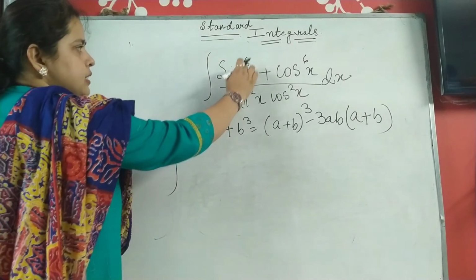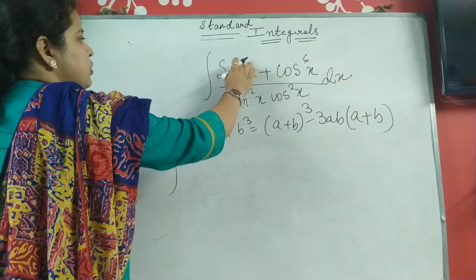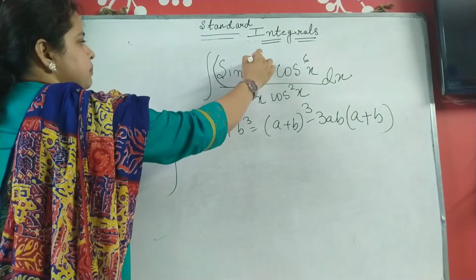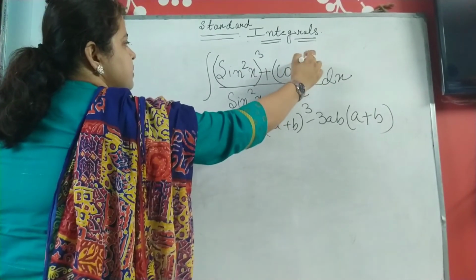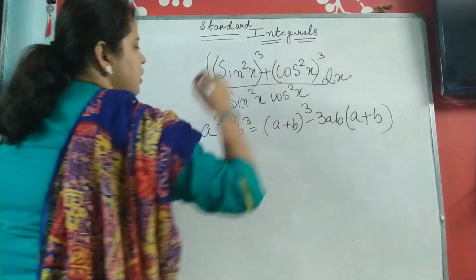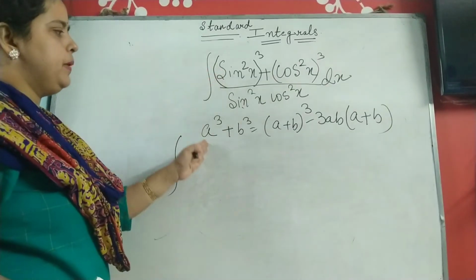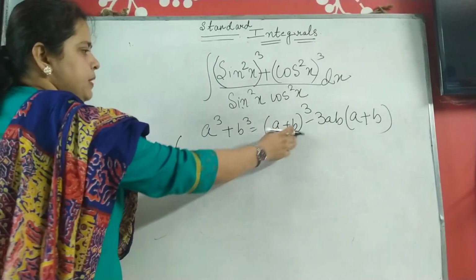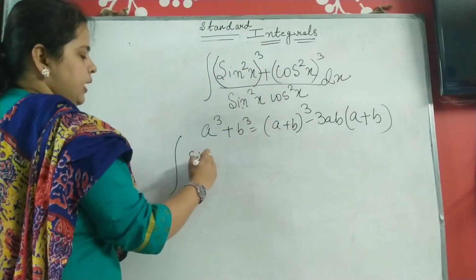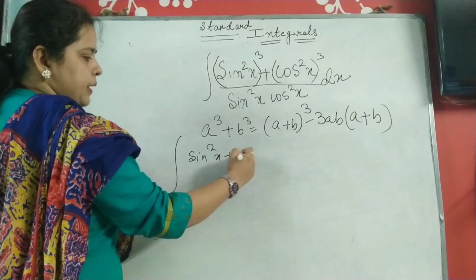I am going to write this numerator sine to the power of 6x as, okay, now this is a cube plus b cube, and I am going to write that in the numerator as a plus b whole cube minus 3ab times a plus b.